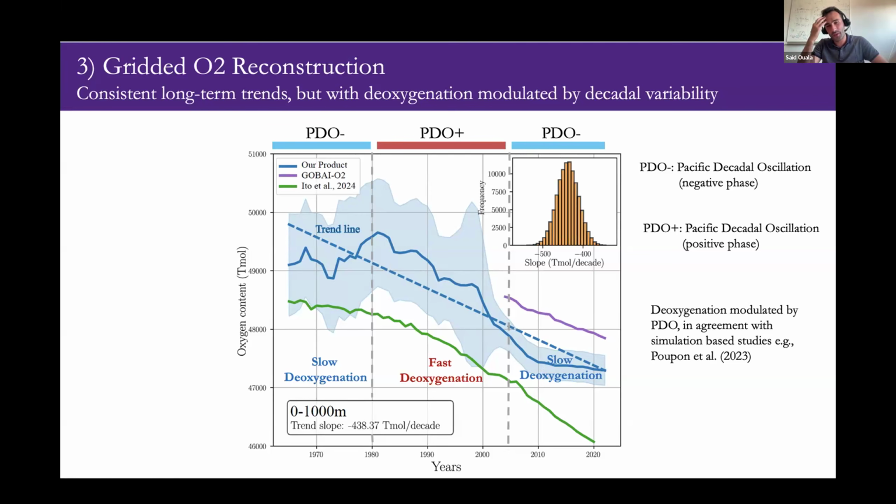I'm not really sure, but I would say it may be a method artifact, so there is something to evaluate here. But for us, we were fairly confident because it validated the hypotheses in the literature regarding this link between PDO and deoxygenation.